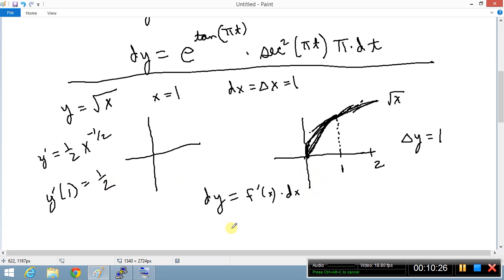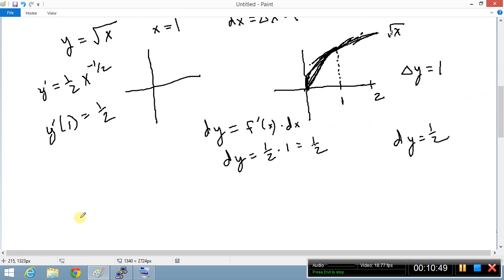Okay, so going back to here, that says dy is 1 half times dx, but dx and dy are the same, so that's 1, so this is 1 half. So dy is 1 half. So on your picture, dy, let's see, I need a better picture than this. This is pretty ugly.